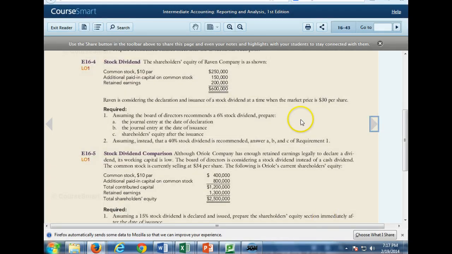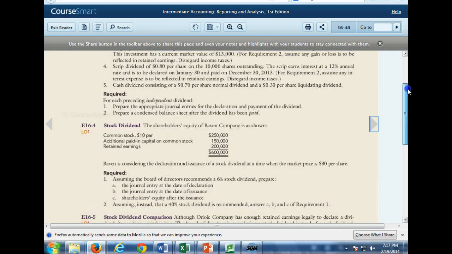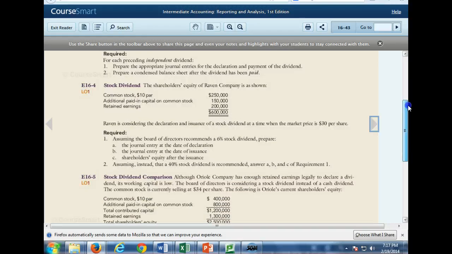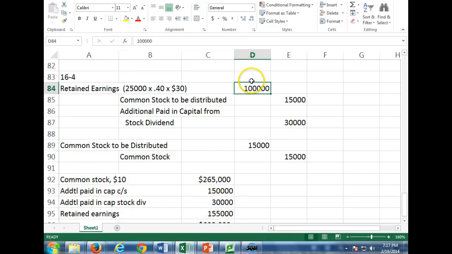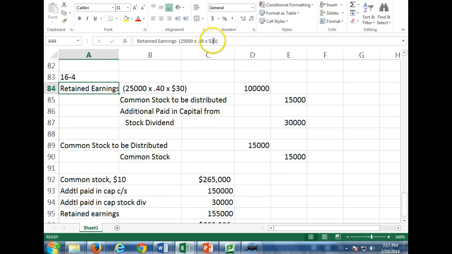If it's over 25%, you're supposed to report it at par value instead of fair market value. That's what's happening. So, because it's over 25%, and this is at 40%, we're no longer going to take it at the $30 like I was doing.